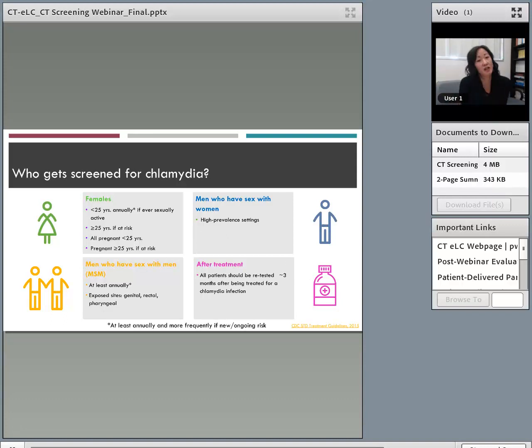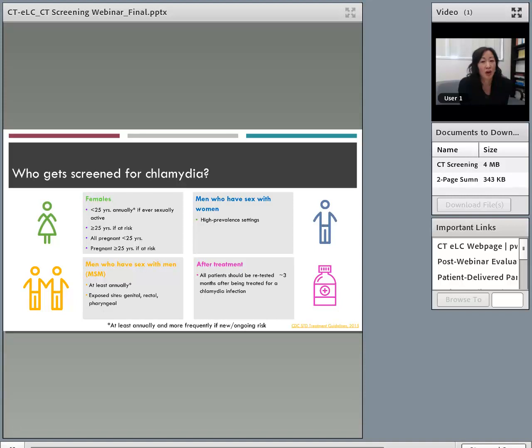With chlamydia rates increasing, I wonder if this will change someday. But for now, high prevalence settings, so certainly teen clinics, family planning, STD clinics, those types of settings where there's high prevalence of infection, are recommended, as are correctional settings, et cetera.